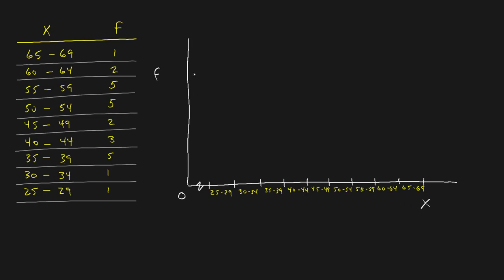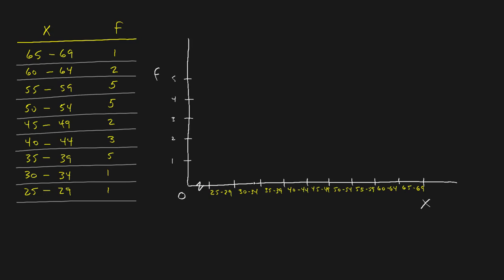On the side, my frequencies, I don't need to be so extreme because these only go up to 5. And so I just need to have 1, 2, 3, 4, and 5. So that's 1, 2, 3, 4, 5.